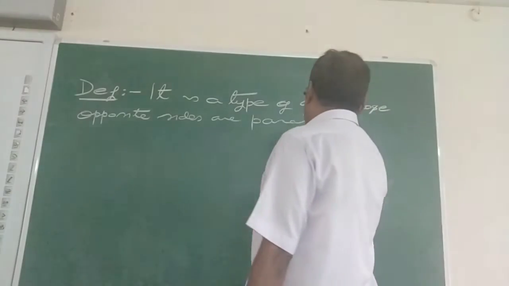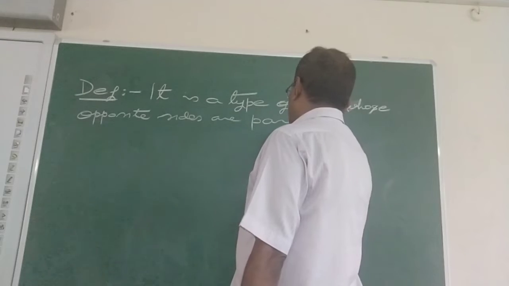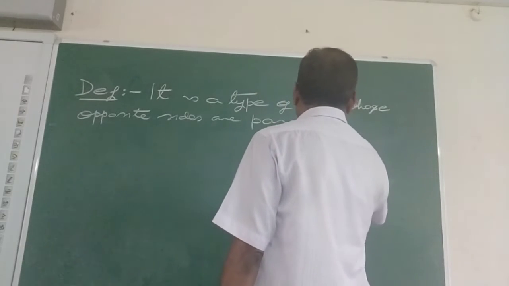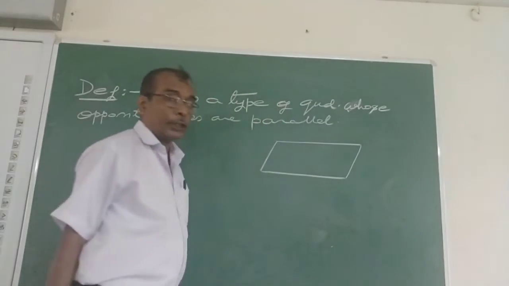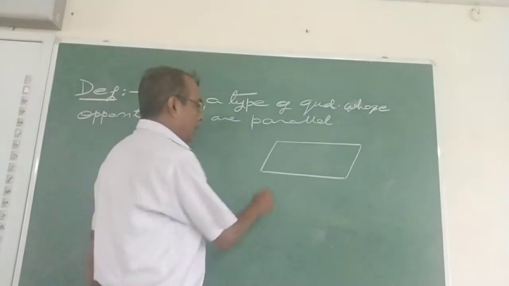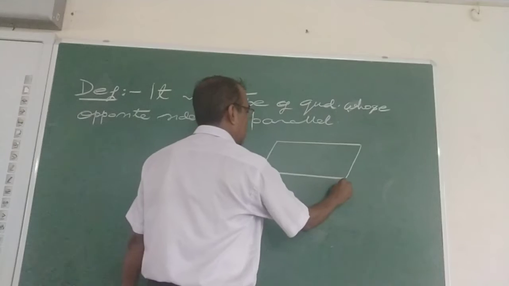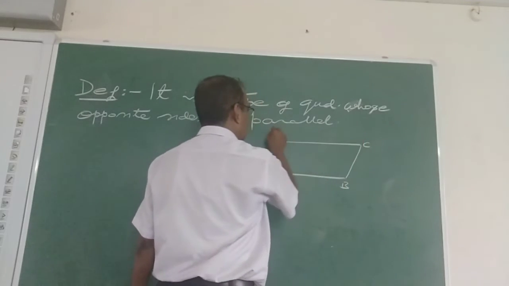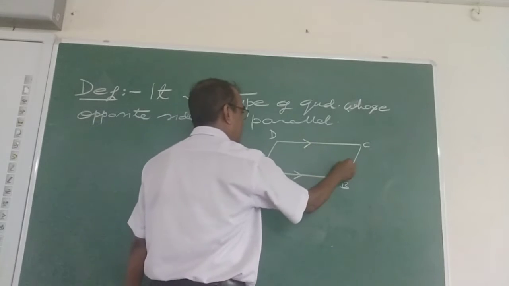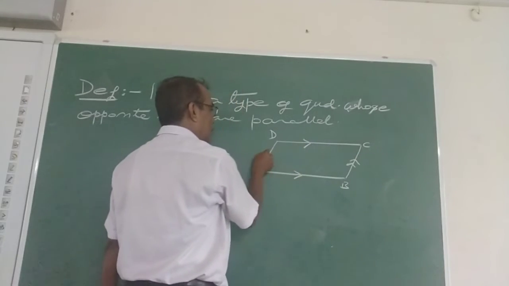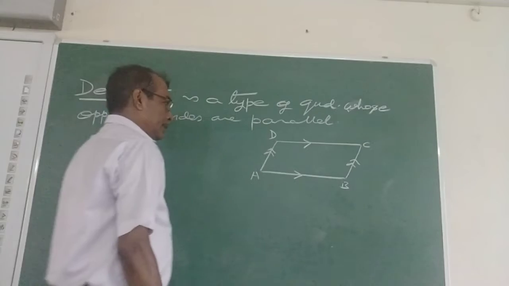Suppose there is a quadrilateral. Here is a quadrilateral. A four-sided closed figure is known as a quadrilateral. ABCD is a quadrilateral, and I find that AB is parallel to CD as well as BC is parallel to AD.